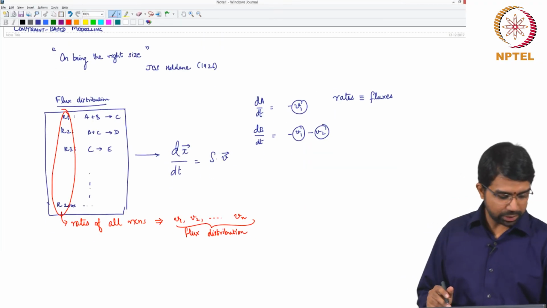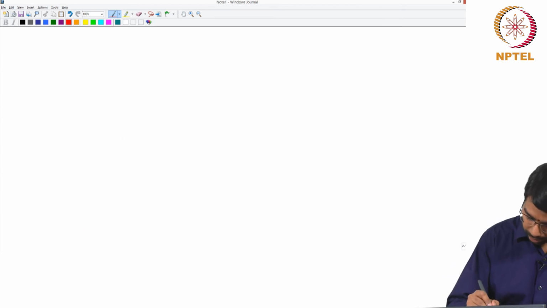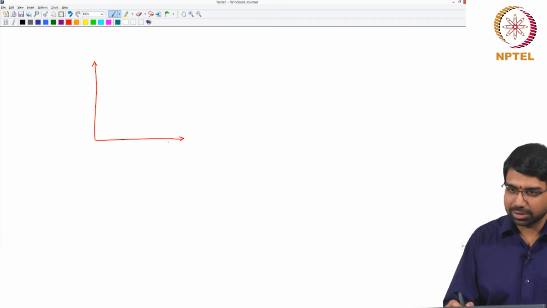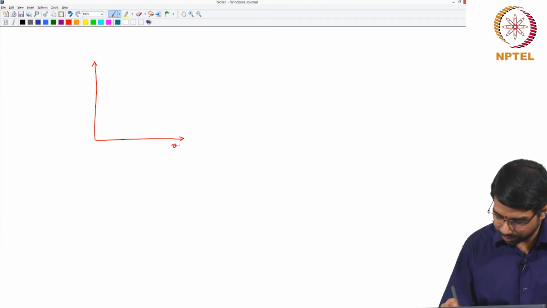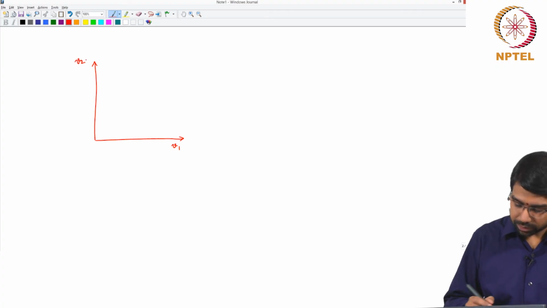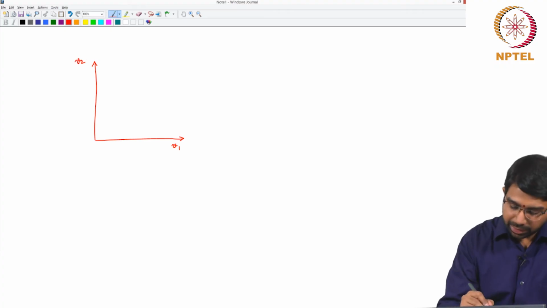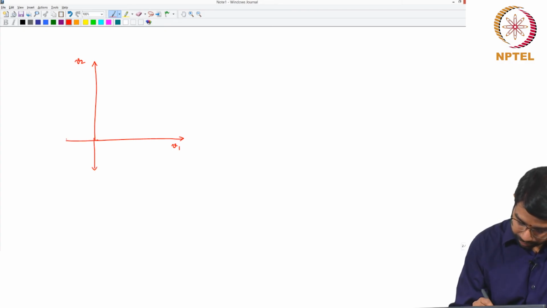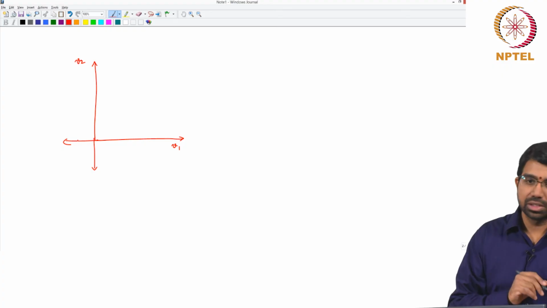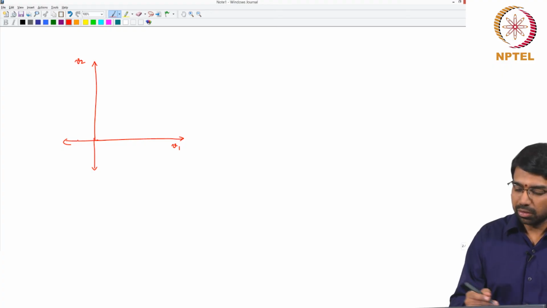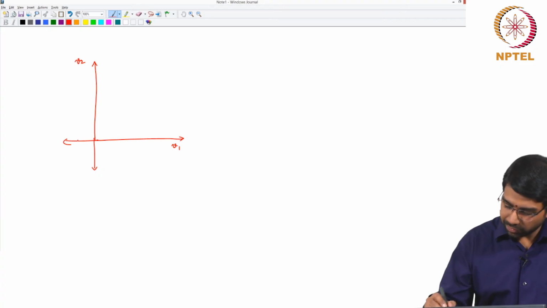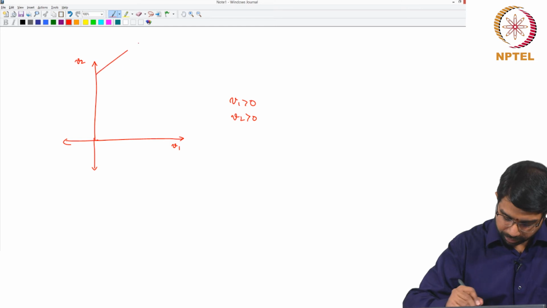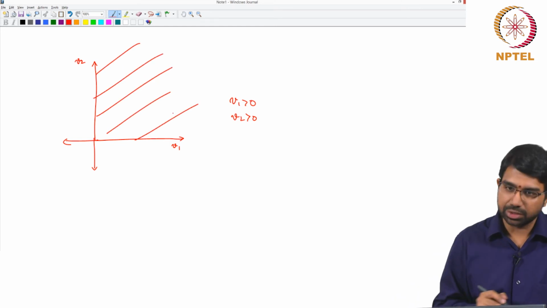So, the idea is simple. What we do is, you may actually be very familiar with something of this sort. I will come back to it in a moment in a few slides. Now any point in this space is a possible solution, right, for a system with 2 reactions. But now if I say V1 greater than 0, V2 greater than 0, it becomes this region.